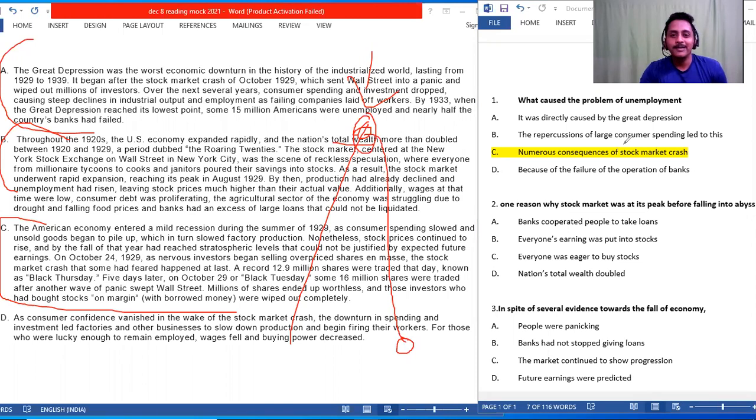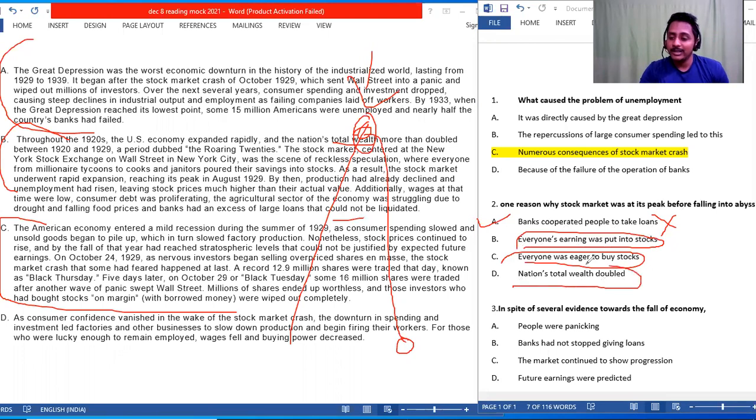What is the answer now? How to do it? Let's say if A, can I eliminate? Banks cooperated with people to take loans. No, banks couldn't liquidate at all. Obviously, no. Everyone was eager to buy stocks. Makes sense. Everyone's earning was put into stocks. Makes sense.